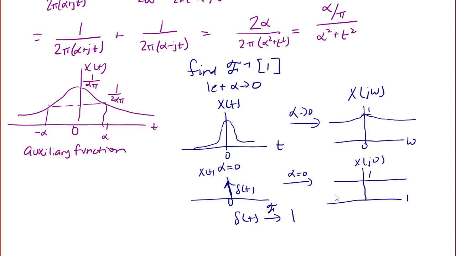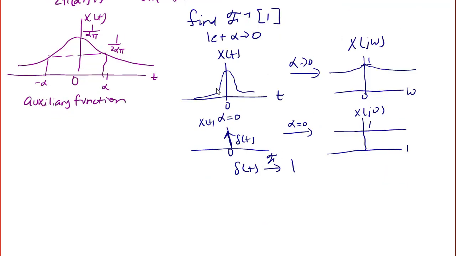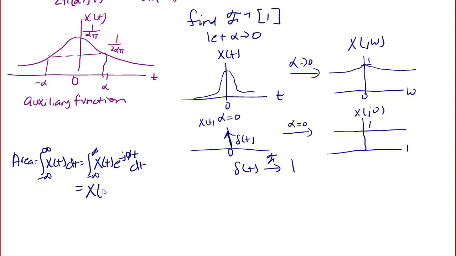There's only one verification left in order to make sure this is true, and it's that we have to show that the area under x(t) is indeed 1, because the area under the impulse function is 1. So the area is equal to the integral from negative infinity to infinity of x(t) dt, which equals the integral from minus infinity to infinity of x(t) e^(-j0t) dt, which translates into X(j0), which is the Fourier transform evaluated at 0.